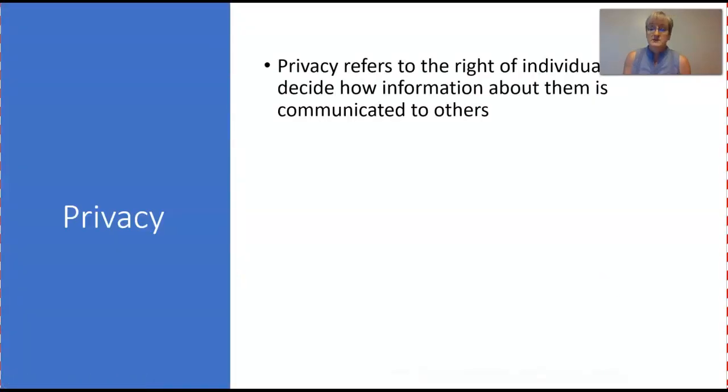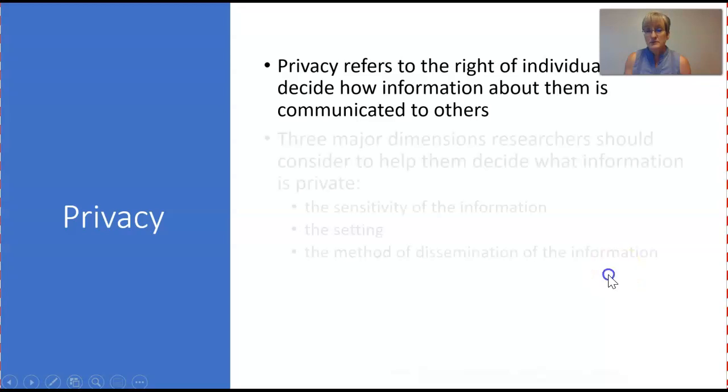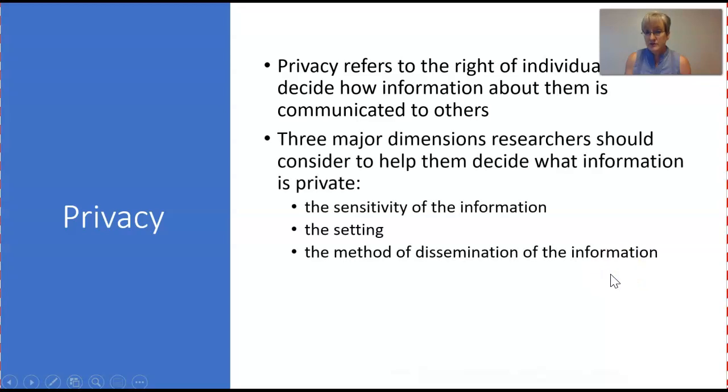Privacy, if we want to expand this idea, privacy rights for individuals, you have to think through these three basic dimensions to decide about what information needs to be protected under privacy. You have to think about the sensitivity of the information.